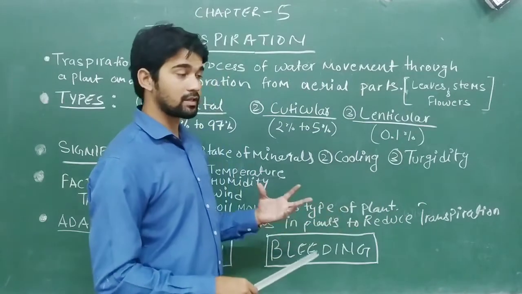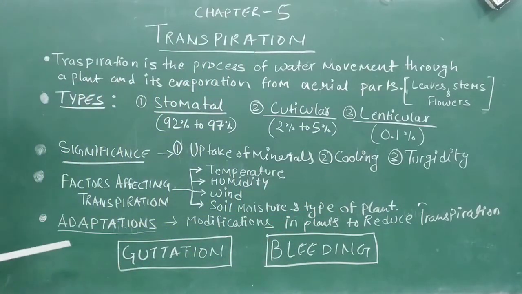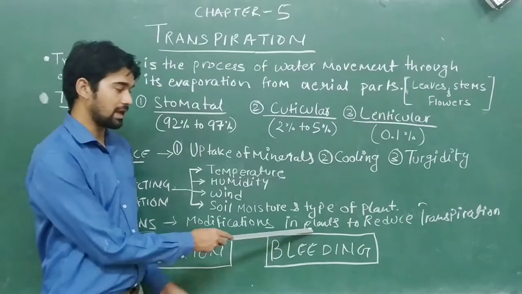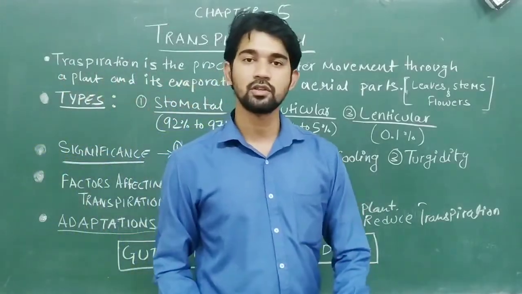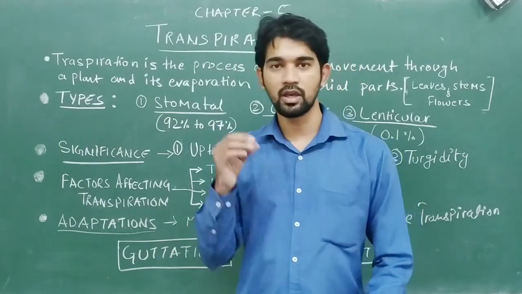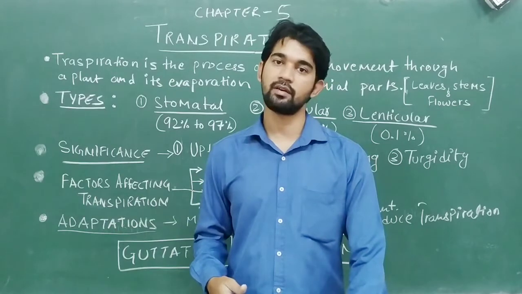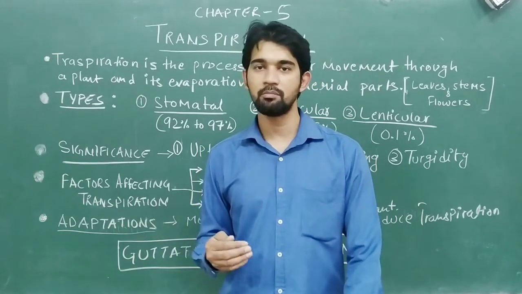Now let us look at the other point, which is adaptations. Adaptations in plants are the modifications in plants to reduce transpiration. These adaptations are the things that plants have developed throughout the evolutionary period.